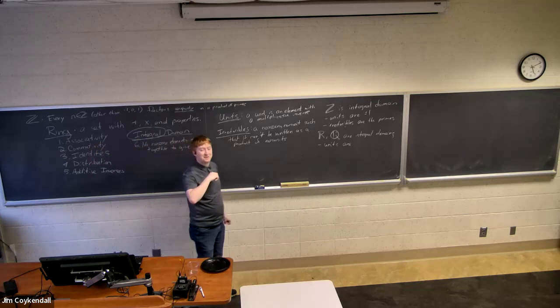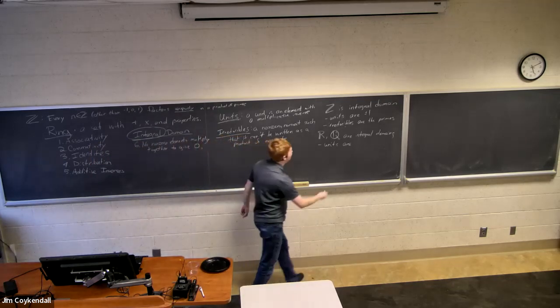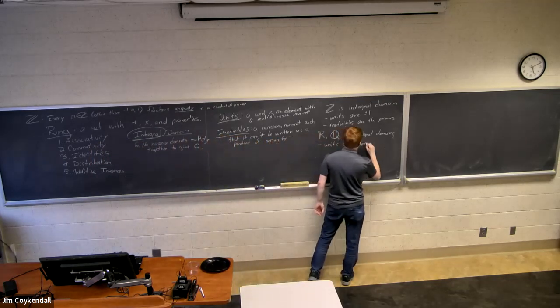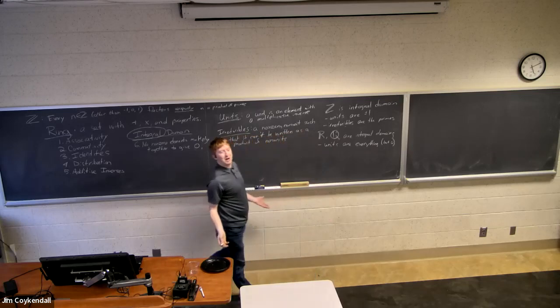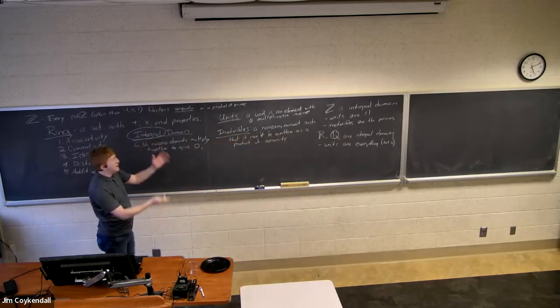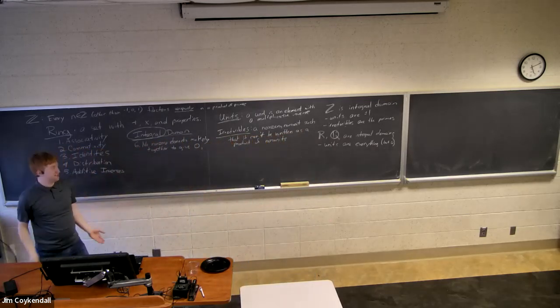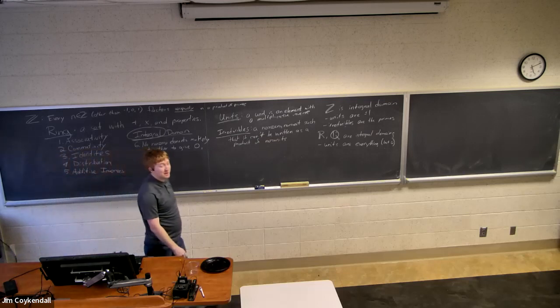Everything. Everything except 0. Everything. But 0 is never going to be a unit. You're never going to multiply 0 by something and get 1. So yes, everything is a unit except for 0.